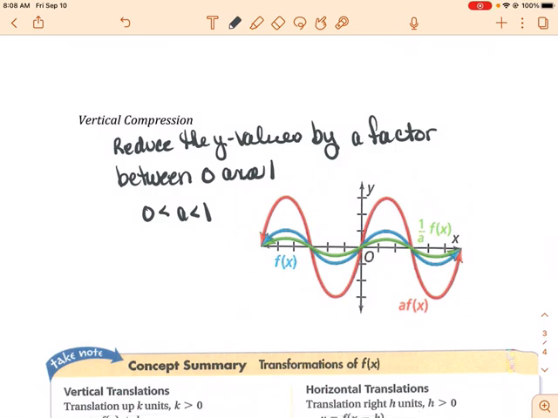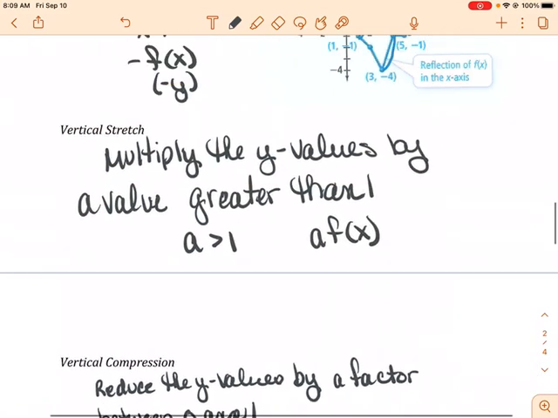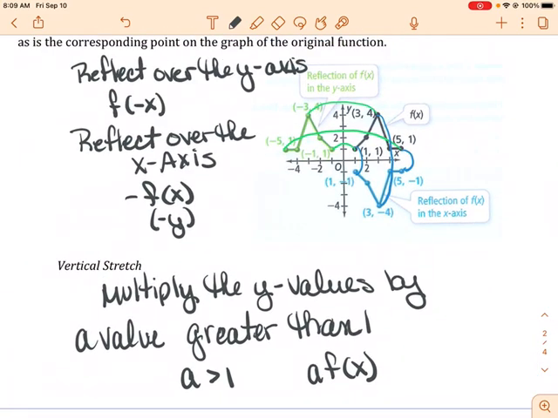So this could be a fraction. I don't want to use the word fraction because like 3 over 2 is a fraction, but it's still bigger than 1. So think of it as between 0 and 1. Now, why don't we do anything less than 0? Well, less than 0 would be a reflection.